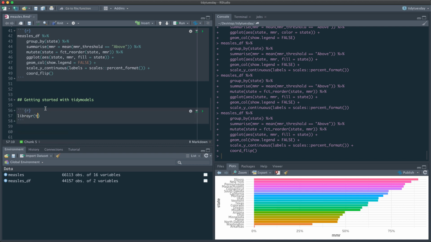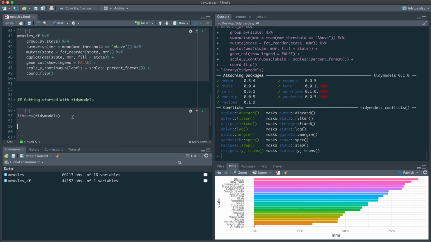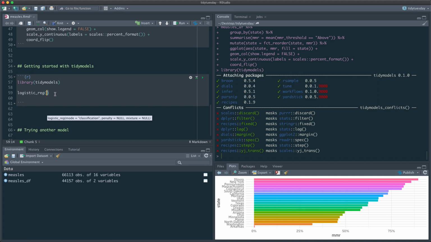So we're going to use the tidymodels framework to build a model that's going to help us understand this. This is a classification model. We're going to model which schools are above and which schools are below that threshold. So we're using the logistic_reg function, a function from parsnip.